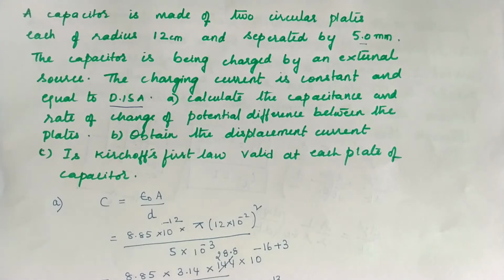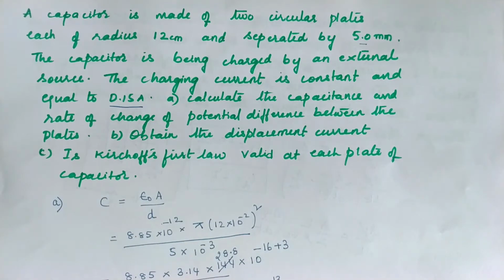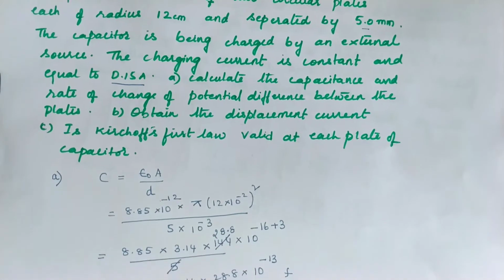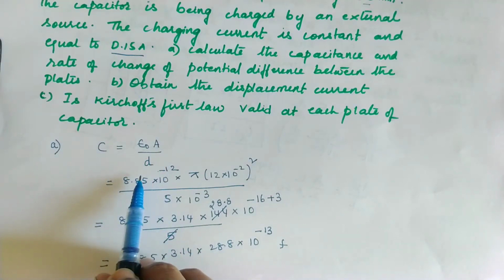So multiply this relation. Okay, after simplifying you will get the value approximately 80.1 picofarad. Okay, pico is 10 to the power minus 12. Okay, simplification part I am leaving it to you. Find out the answer. It is a direct question, epsilon naught A by D.